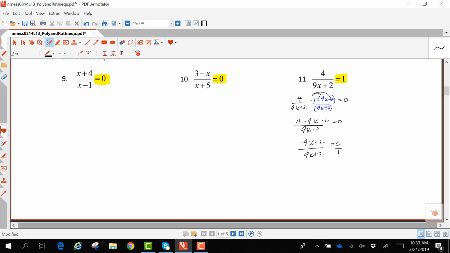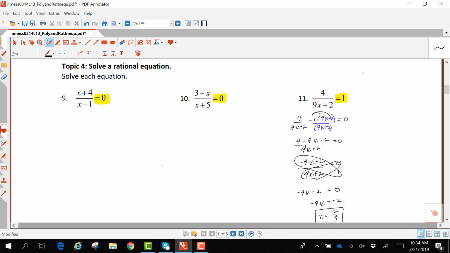Or an alternate method, which is also fine, would be to make the 0 a fraction, placing it over 1, and cross multiply. Whichever method you use, you will still result in negative 9x plus 2 equaling 0. Now to continue solving, you would subtract the 2 and divide by the 9.